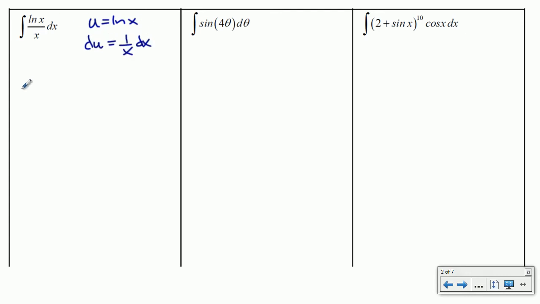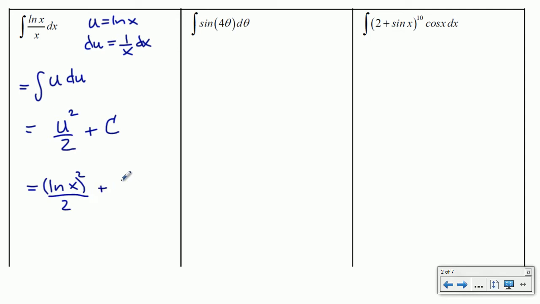So this integral will become u, and then 1 over x dx is equal to du. So it's just u du, and that's really simple to do. So u to the 1 would go to u to the 2 divided by 2 plus c. And now I can put ln x back in for u. So ln x squared divided by 2 plus c.